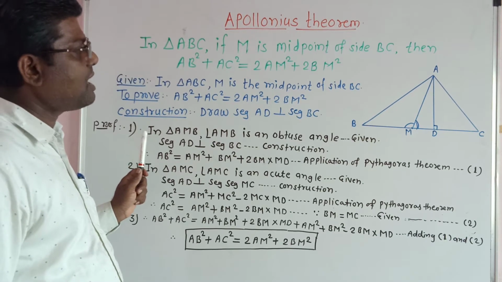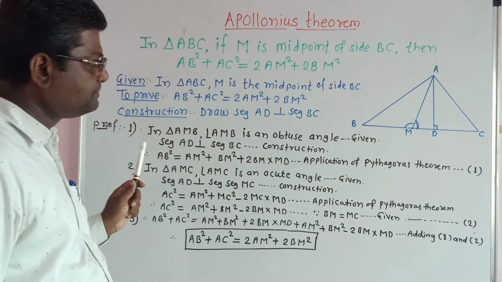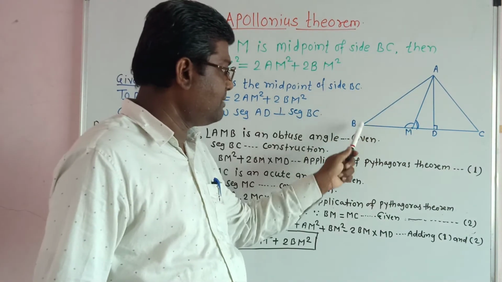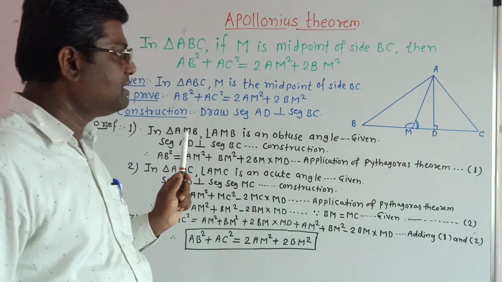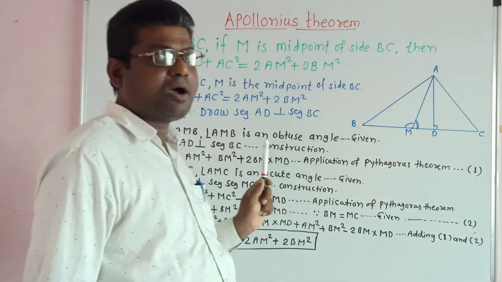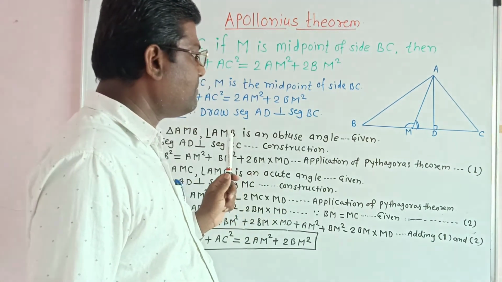Now let us see how to remember this theorem. In triangle ABC, M is the midpoint of side BC. Then how can Apollonius theorem be applied?